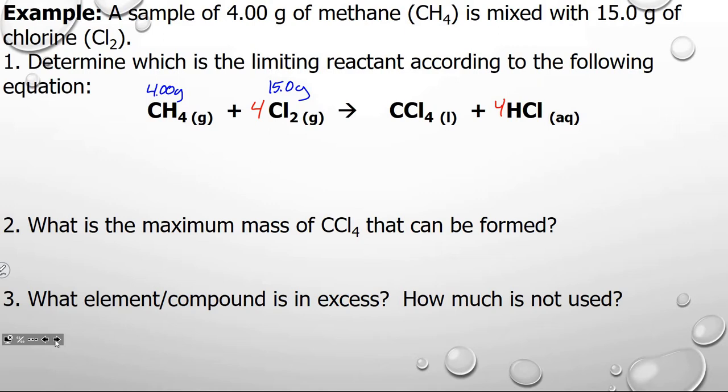Okay? So I'm trying to figure out which one I can make. So I got to add my mass up. And I got to change these to moles. So I'm going to take 12.011, which is a carbon. I'm going to take hydrogen, 4 times 1.008. And I'm going to add that up. I'm going to take 2 times chlorine, 35.45, and I'm going to add that up. Okay?